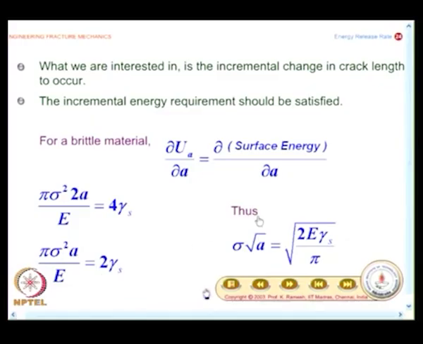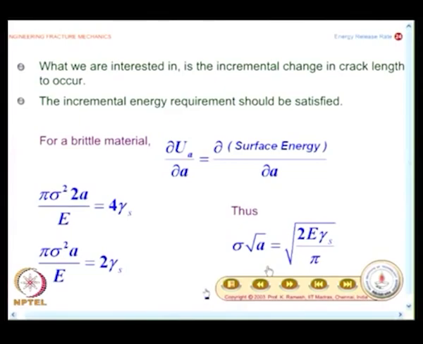This could be rewritten as sigma root A equal to root of 2 E gamma s divided by pi, a very important expression and a symbolic step by Griffith in advancing fracture mechanics, because he has been able to find out the fracture strength in the presence of a crack.